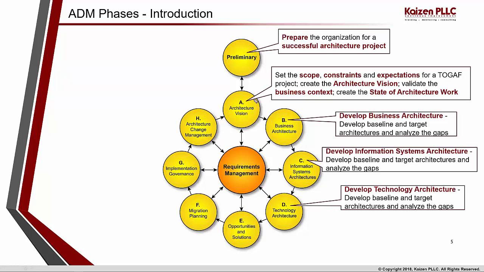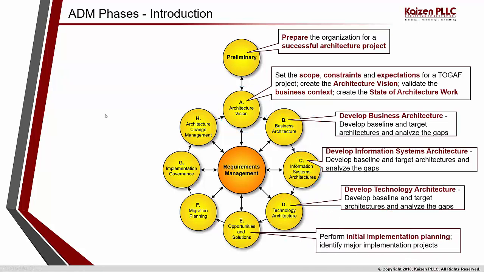So for a given architecture project, by the end of these three phases, business architecture, information systems architecture, which makes up the data and application, as well as the technology, you define the enterprise architecture for your organization, which is primarily made available as part of the architecture definition document.